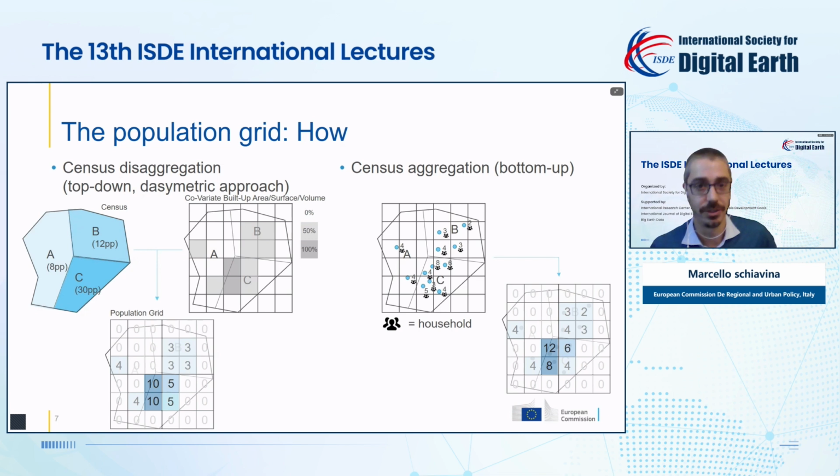Another possibility is the bottom-up approach by aggregating geocoded census point data or implementing a bespoke approach that uses a very accurate sample of census data to derive a statistical model and infer the population counts from statistical relationships found in the sample area extended to the whole area of interest.